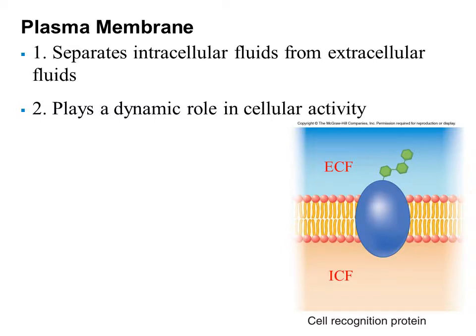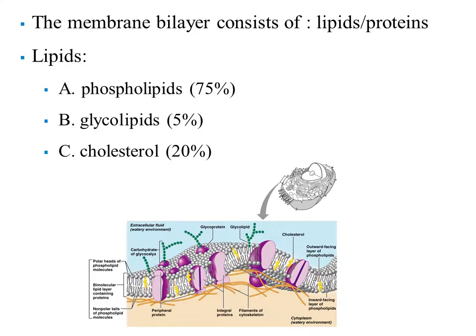Now we're no longer going to talk about what's outside of the membrane. Let's talk about the membrane itself. The membrane is going to separate the inside of the cell from the outside of the cell. It also plays a role in cellular activity. Now let's look at the composition of the membrane itself. The membrane is composed of lipids and proteins.